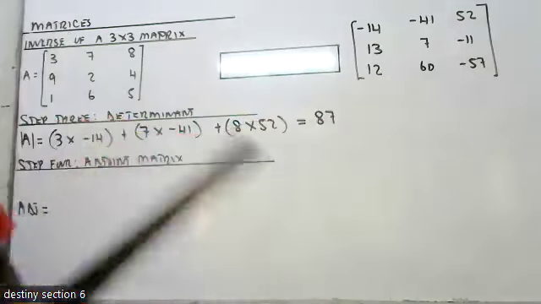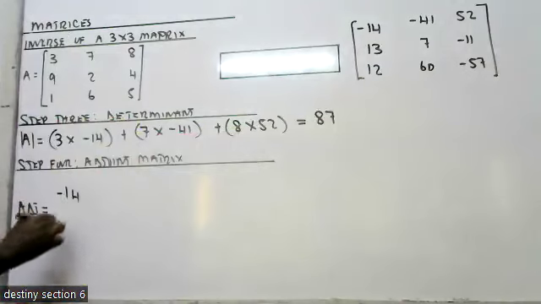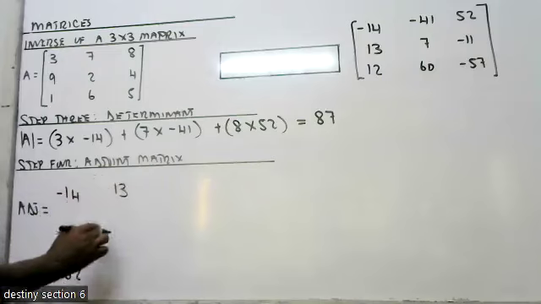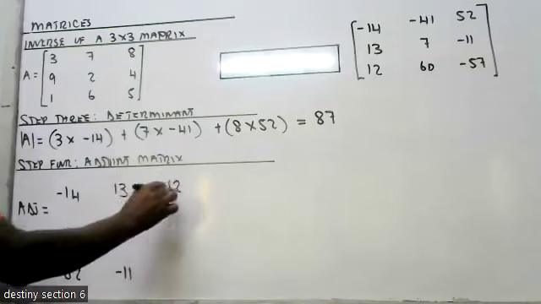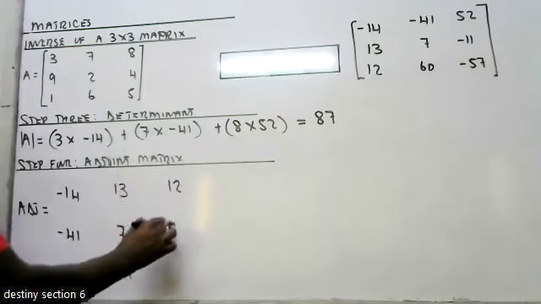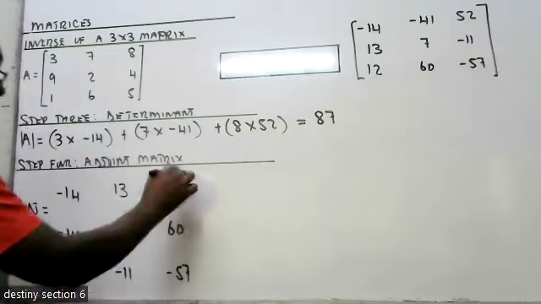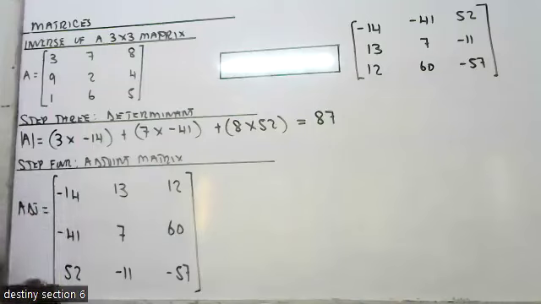So this one you transpose it, so that I have minus 14 here, minus 41, and 52. Then this is 13, this is 7, and minus 11. This is 12, this is 60, and this is minus 57. That's what we call the adjoint matrix.